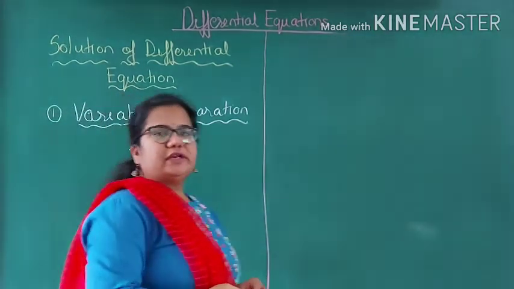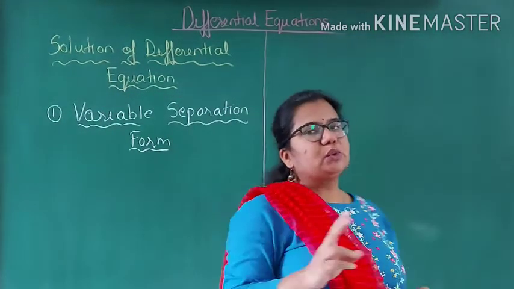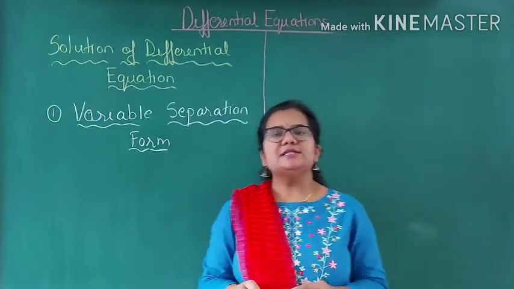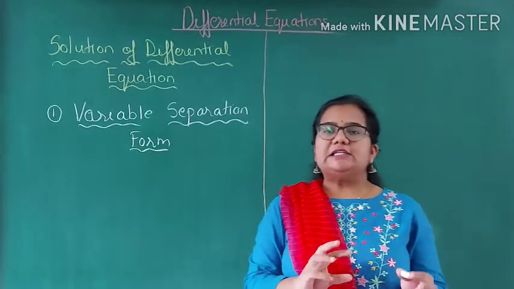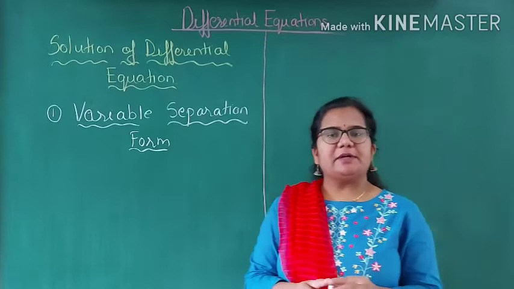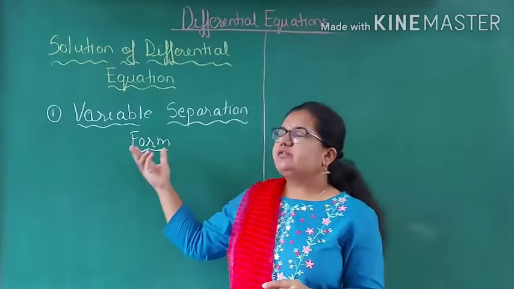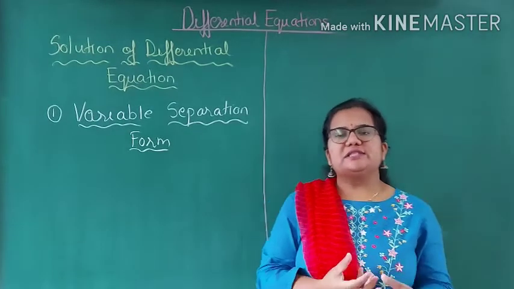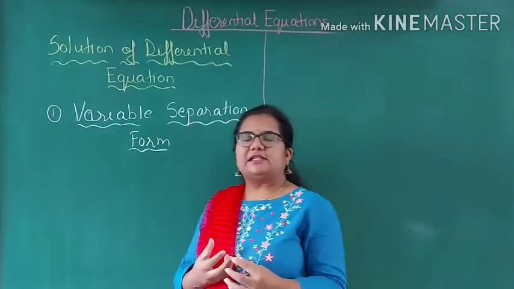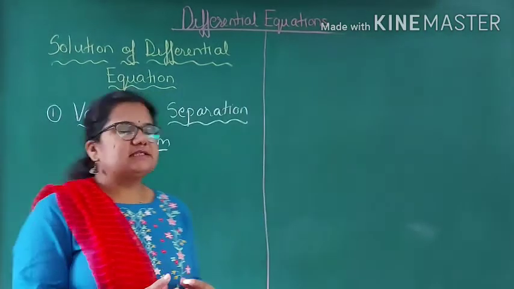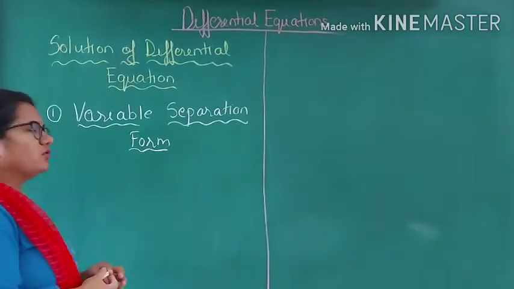Now we all know in a differential equation there are two variables, one is x and one is y. These two variables are interdependent on each other. So in this method, we are going to separate the function of x, that is the variable x, and we are going to separate the function of y.